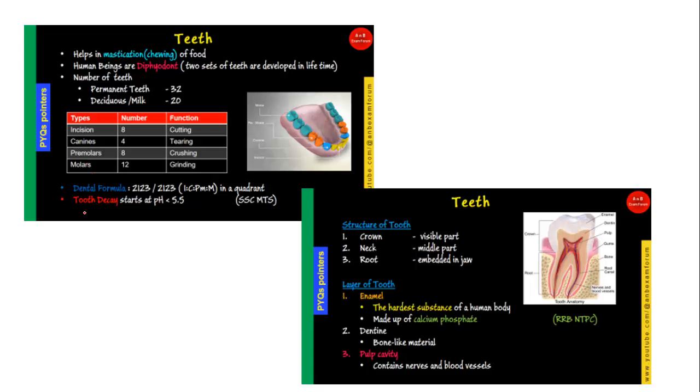And we have also seen that tooth decay starts at a pH of 5.5, and these pointers have come in SSC MTS. Further, we have seen the structure of the tooth and layers of the tooth, and we have seen the hardest substance of the human body is basically enamel, and it is made up of calcium phosphate. Okay. Similarly, different pointers we have covered in our theory class.